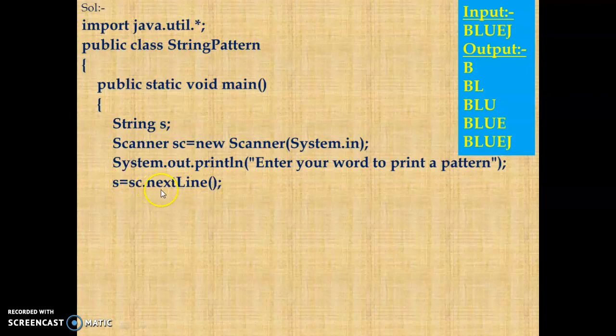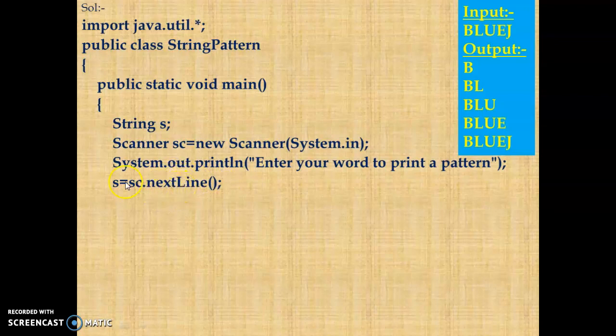So how to take input? I again repeat, after the Scanner object you have written sc dot nextLine, no gap. Don't forget to give this dot. nextLine, only L in capital, rest of these are small. Don't forget to give only bracket open and bracket close, nothing to write here. Then semicolon. For taking an integer, we have to write nextInt, I in capital.